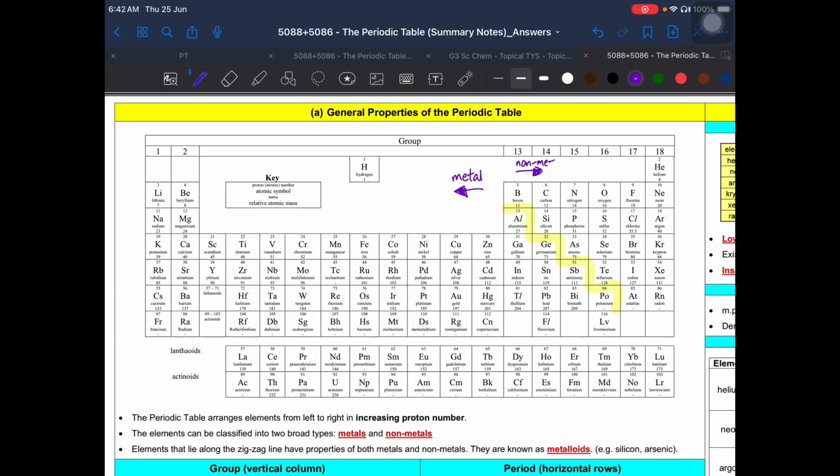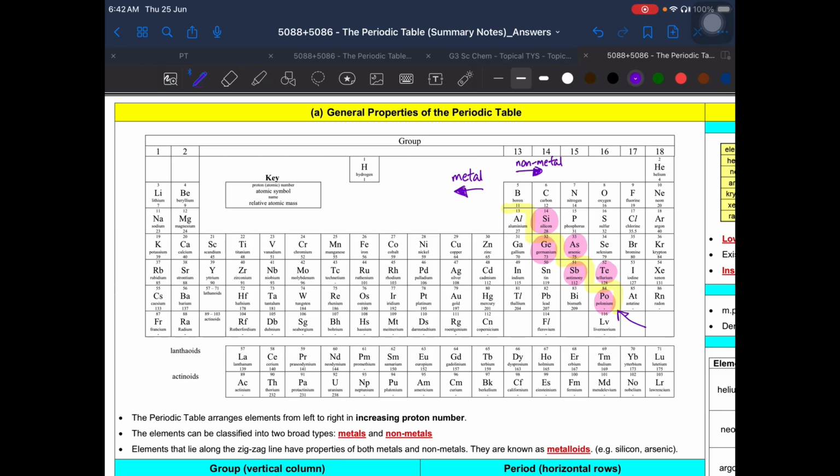Now, what about some of those that are actually sitting on the staircase itself? So, for instance, elements like silicon, elements like germanium, etc., and all these elements that you see within here, so on and so forth. Now, all these elements here are what we call metalloids.